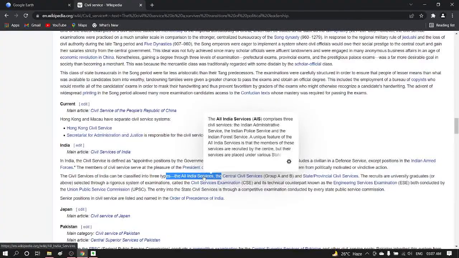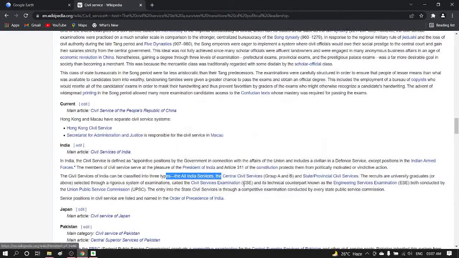Okay, there will be cadre under All India services. Under Central Civil Service, the civil servants will only serve the union government, not the state governments. Under All India Services, the officers will serve both the state government as well as the central government.